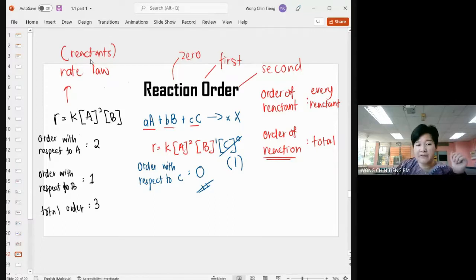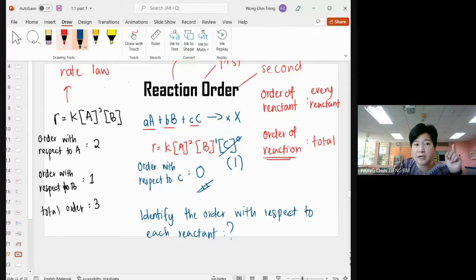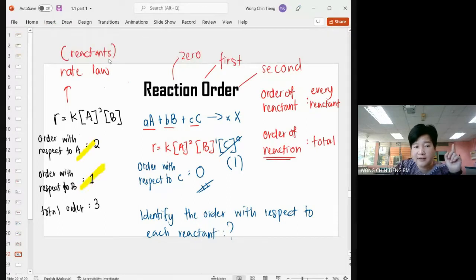But what happen if the question is asking identify the order with respect to each reactant. Apa jadi kalau soalan tanya untuk setiap satu reactant? Jawapan kamu tak boleh berhenti di 2. Jawapan kamu doesn't stop here. Jawapan kamu kena ada yang ni. Sebab kita ada 3 reactant. Makes sense? That is the trick. Okay?